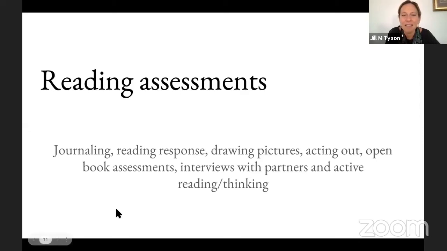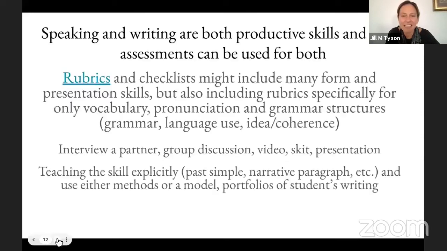And for reading, sometimes we use journaling, reading response, and drawing pictures that show comprehension. We do acting out and role play, open book assessments where students can go back and look at the text, interviews with partners, and active reading and thinking.